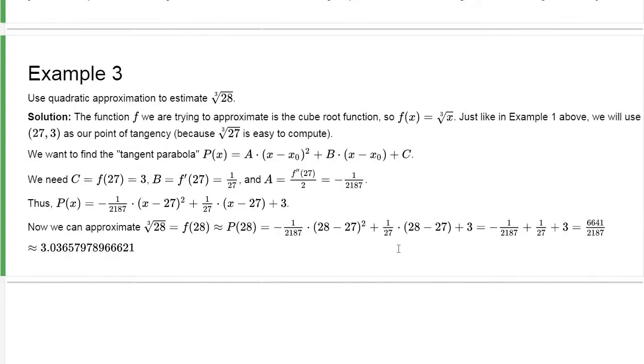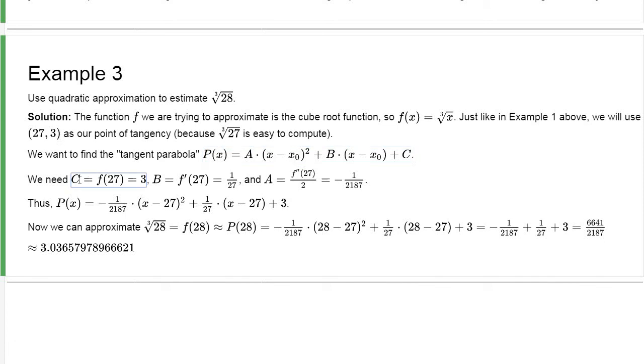Okay, let's go ahead and return to our previous examples and see how this works. So let's do the cube root of 28. So I'm trying to approximate the cube root function, so f is the cube root. I'm going to use the same point of tangency I used up above when I did linear approximation, this 27, 3, because that was easy to find. Now I want my tangent parabola, so here's my formula where c is the function value at 27, which is 3.